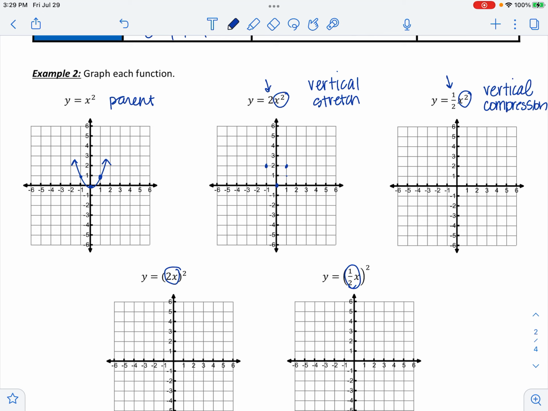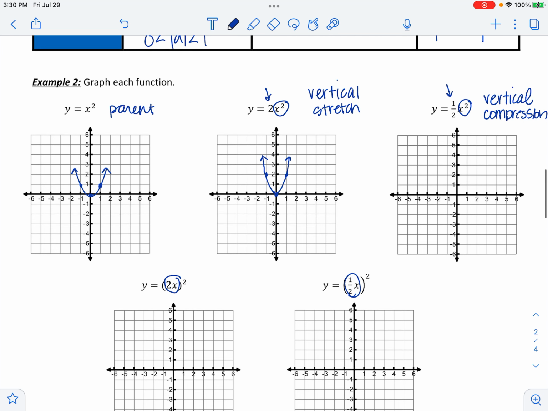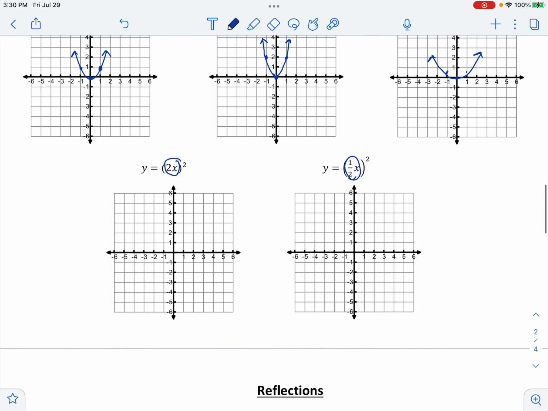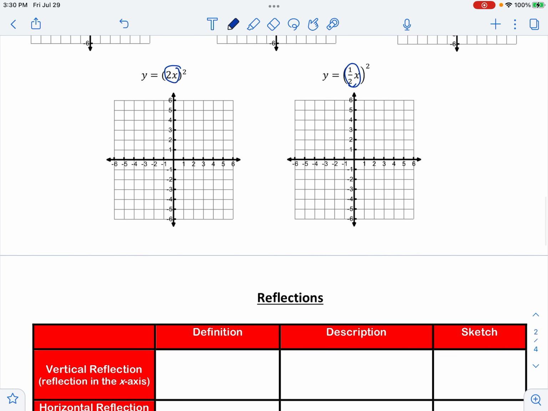This is more narrow than the parent. If I plug in 0, I get 0. If I plug in 1, I get a half, and then the reflection. So notice this is wider. It is a vertical compression. Looks like someone sat on it.